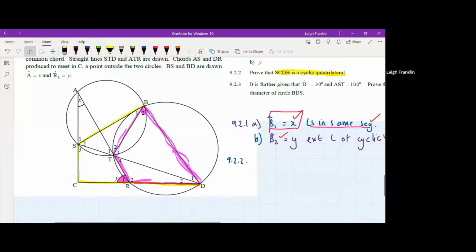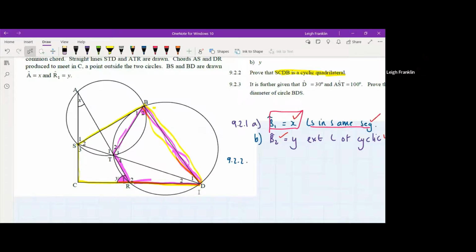Okay, there is SCDB. So now remember, we've identified the quad. Now we have to think about the 3 reasons.